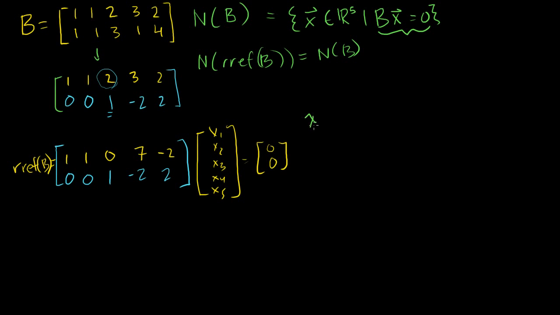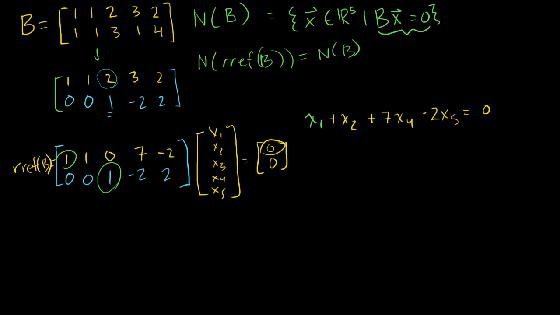I'm going to write my pivot variables in a green color. x1 plus 1 times x2, plus 0 times x3, plus 7 times x4, minus 2 times x5 is equal to that 0 right there.